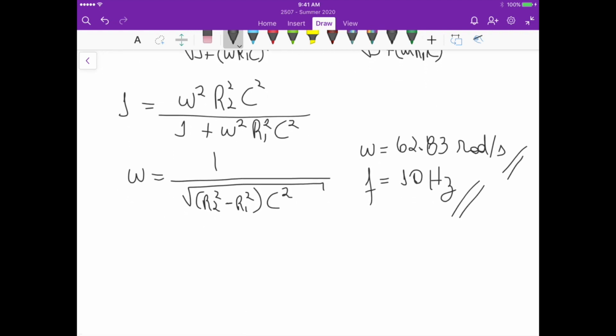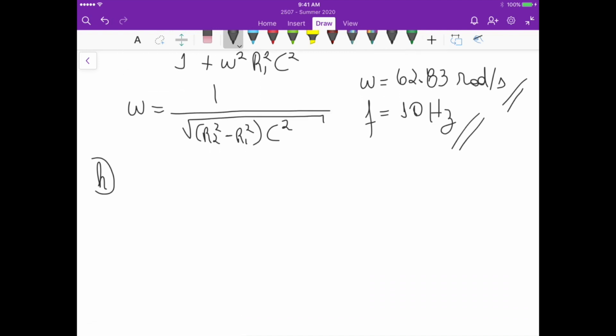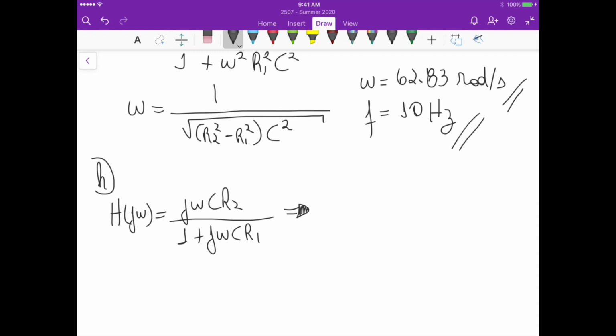So we'll call it part H. Now for the Bode plot, the magnitude, we can represent the voltage transfer function H of j omega, which was j omega C R2 divided by 1 plus j omega C R1. If we pass that to polar form, this is minus, right?